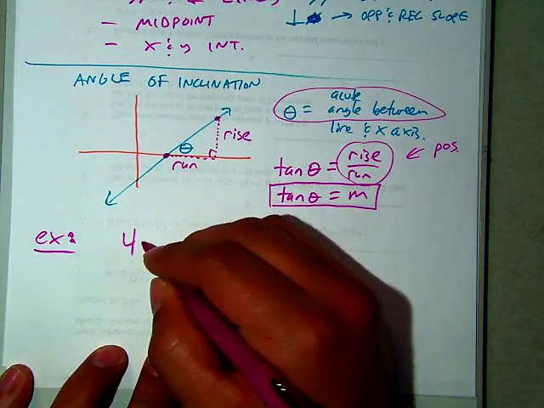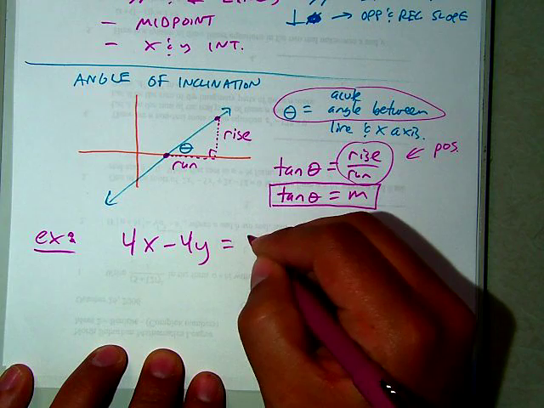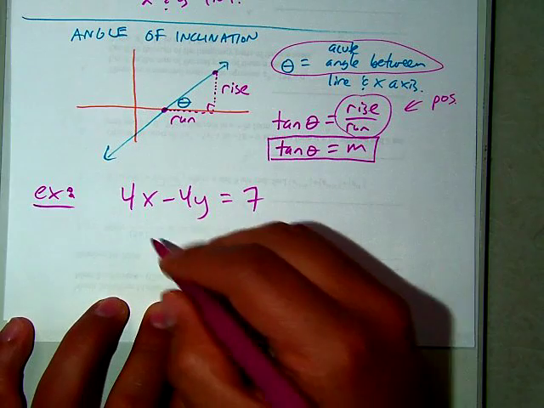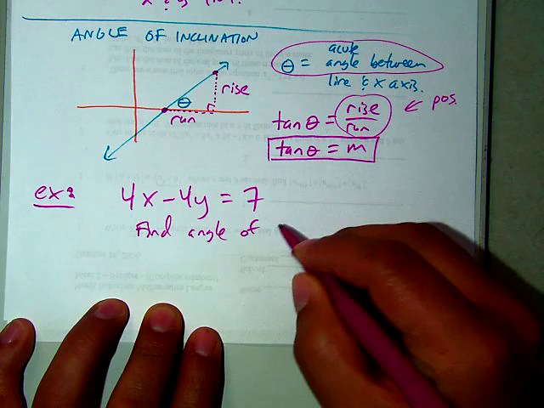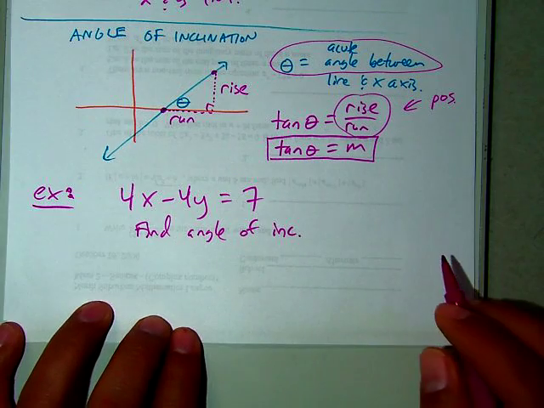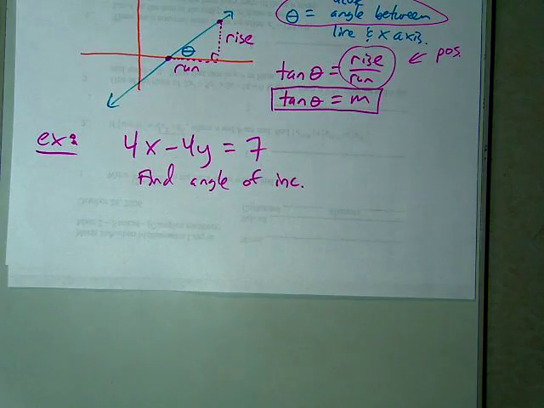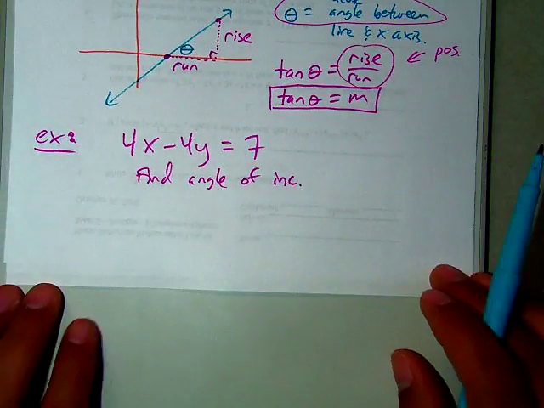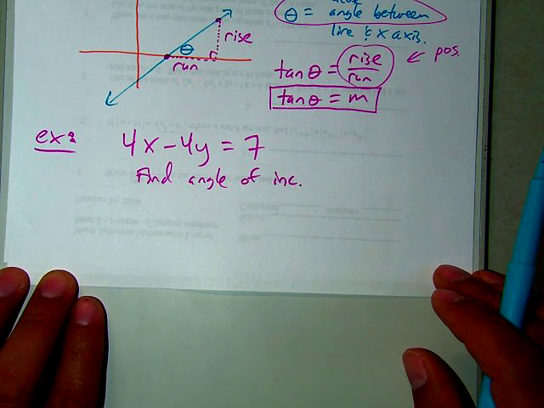Let's say we have 4x minus 4y equals 7, and we want to find the angle of inclination. Okay. What do we do first?